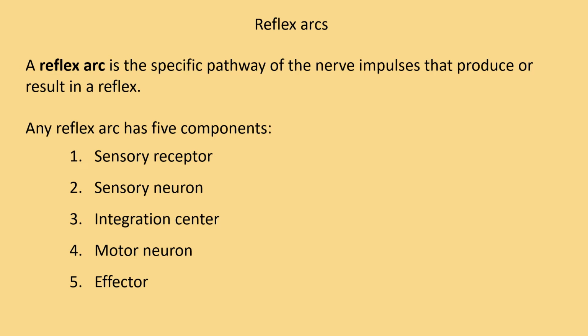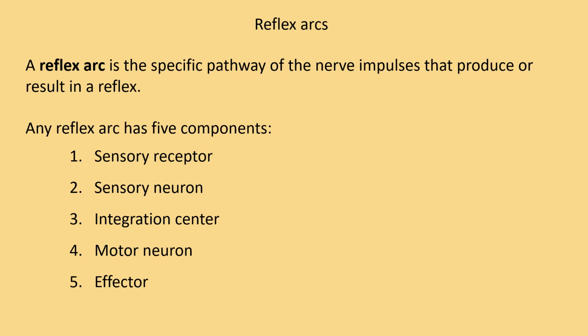So a reflex arc refers to the specific pathway that nerve impulses travel to produce or result in the response. So any reflex arc has 5 components. There is one or more sensory receptor that monitors a condition and generates signals. There is one or more sensory neuron that transmit these signals from the sensory receptor toward the central nervous system, or the integration center, which is component number 3.